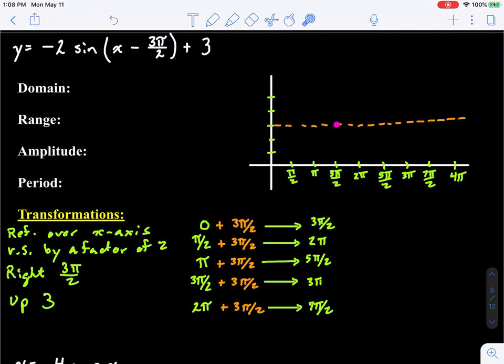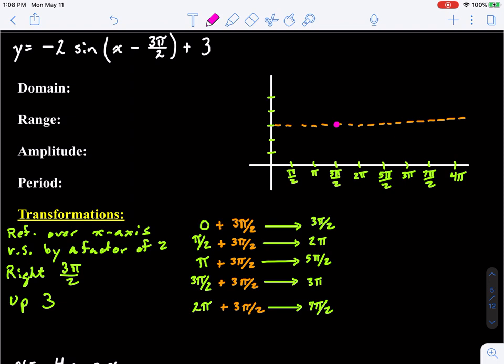All right, so normally the sine graph would go up to the highest point for the next point. However, we do have a reflection over the x-axis, so that means instead of going up, you're going to go down. And the amplitude is 2.